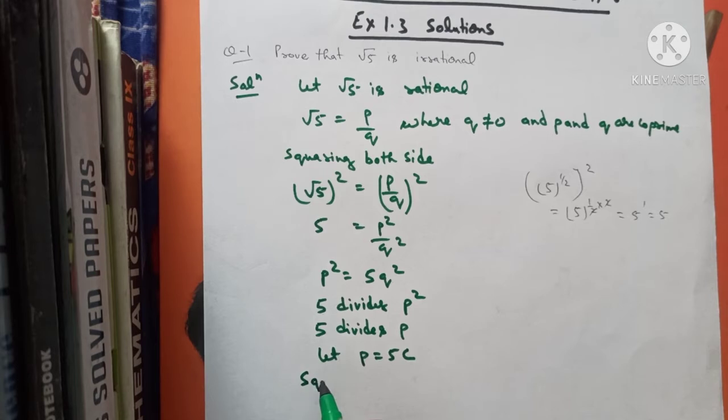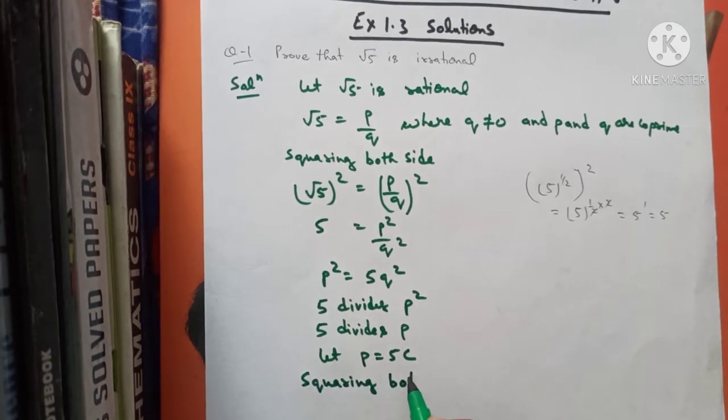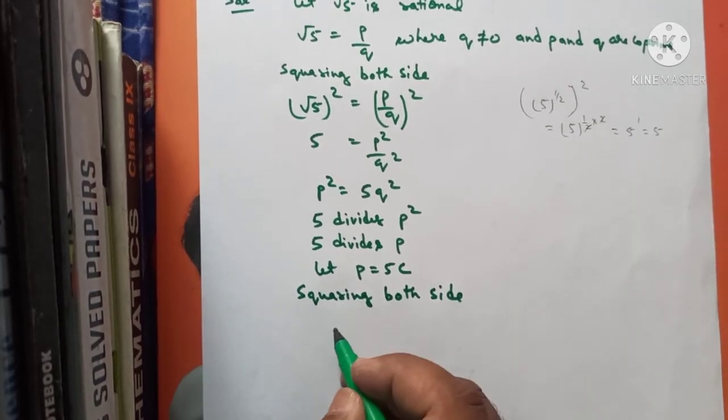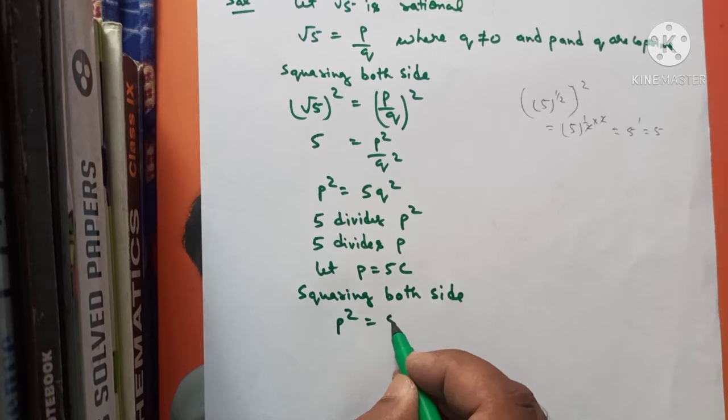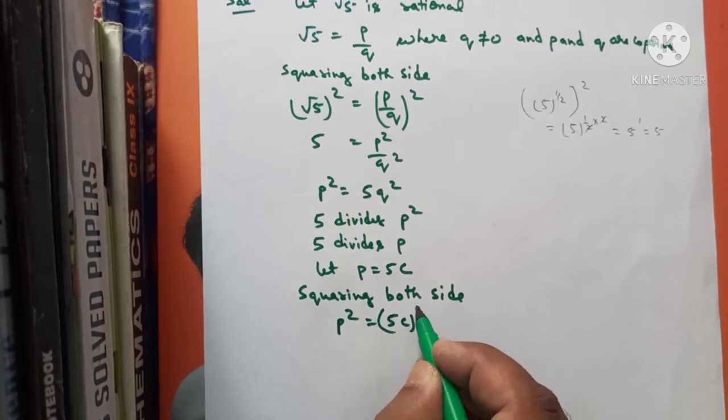Again squaring both sides, we get p square is equal to 5c whole square.